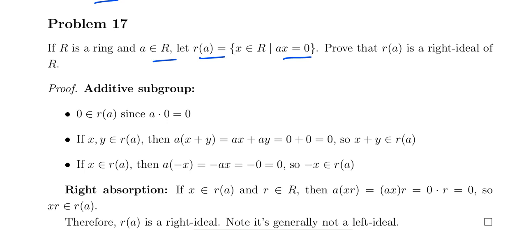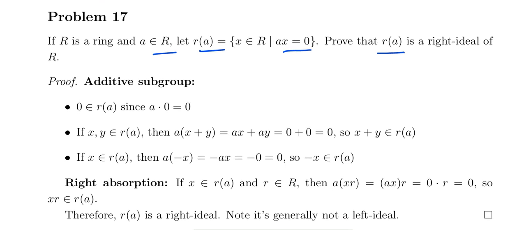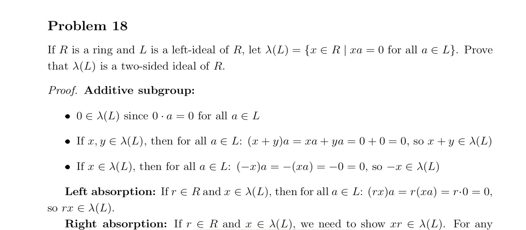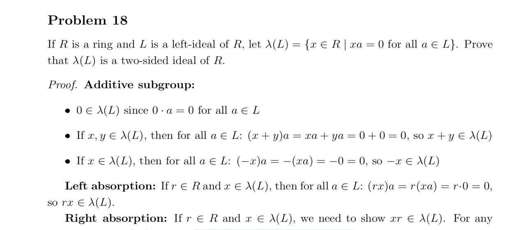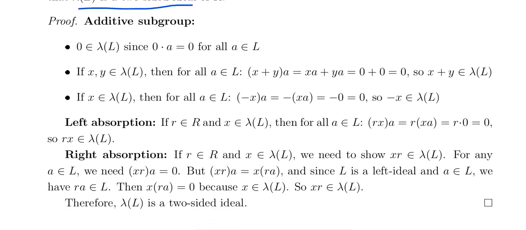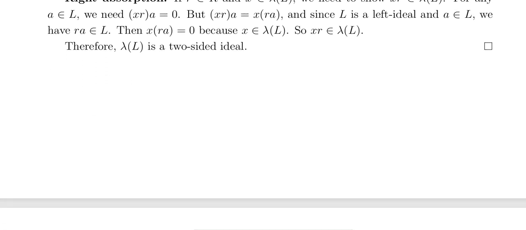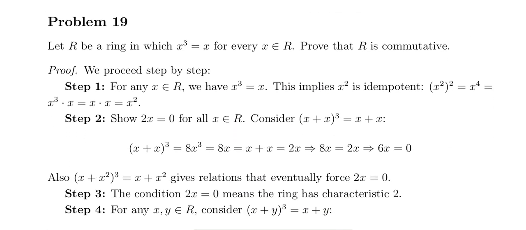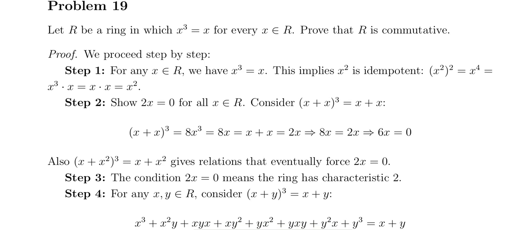Then r(A) is a right ideal of R. And L is a left ideal of R. The lambda of L is defined as the collection of ring elements x with xa equal to 0 for every a belongs to L. Then lambda of L is a two-sided ideal of R. It's very simple. I hope you understand how to verify the ideal property.